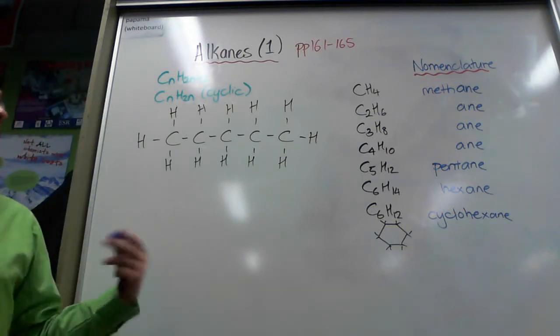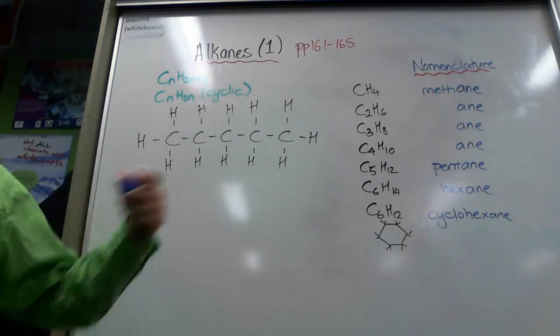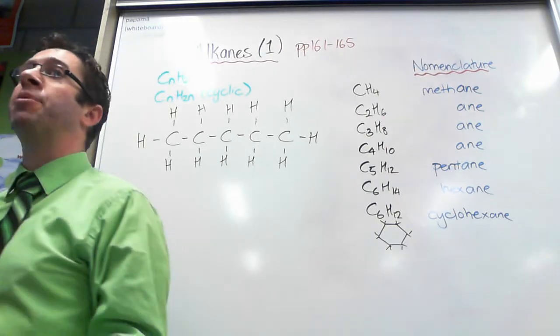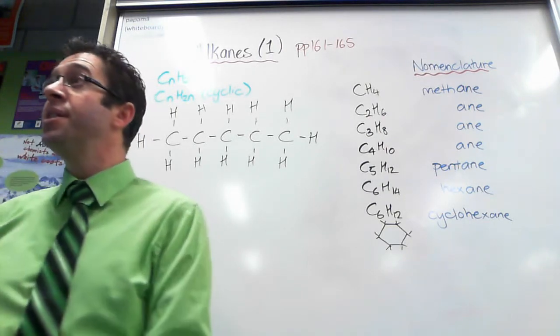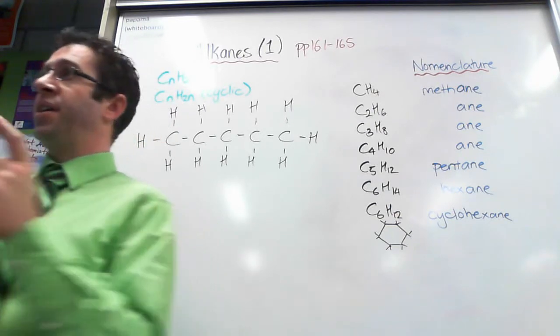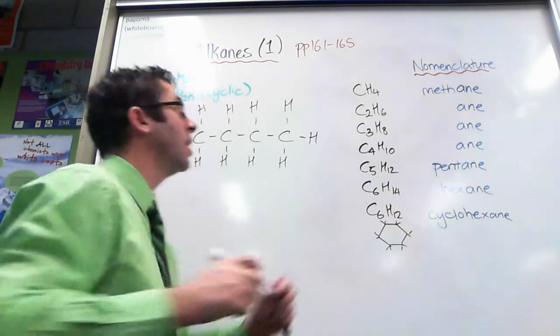If it's a side chain, which I'll show you in a moment, then we call it a methyl group. If it's CH4, it's methane. If it was an alcohol with 1 carbon, it'd be called methanol. If it was an organic acid with 1 carbon, it'd be called methanoic acid, and so on. So anything with 1 carbon in it starts with meth.